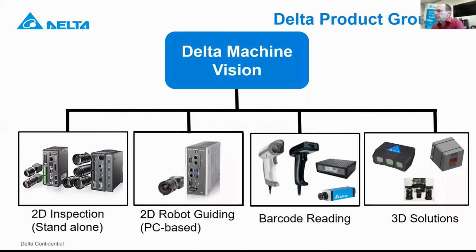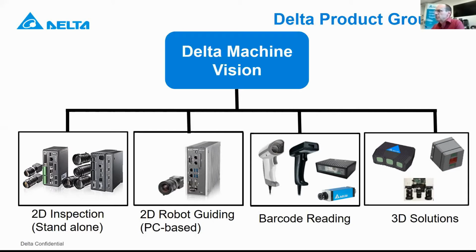The next step, that was what we can find in the market. The next step is our Delta machine vision groups and possibilities. From the past, from the last years, you know already the 2D inspection, the standalone units. But what we have also launched this year is the 2D robot guiding PC software, the VGR software.